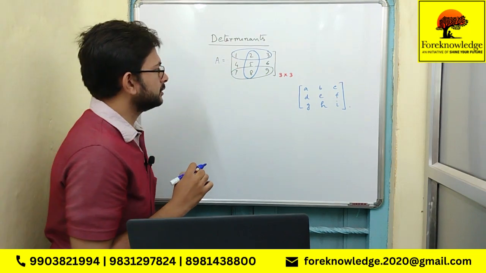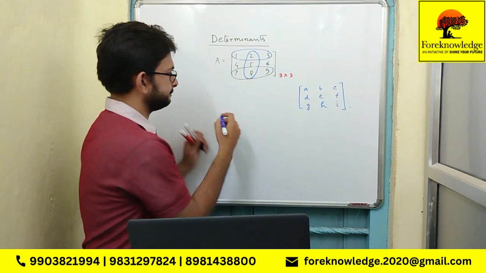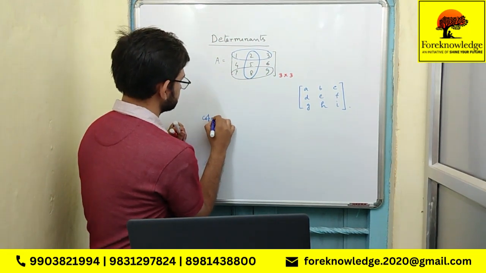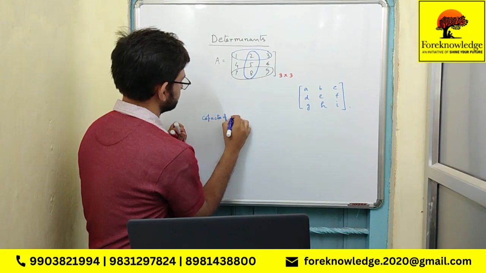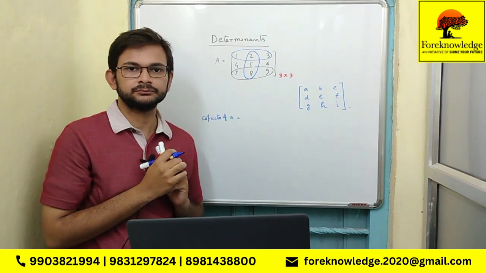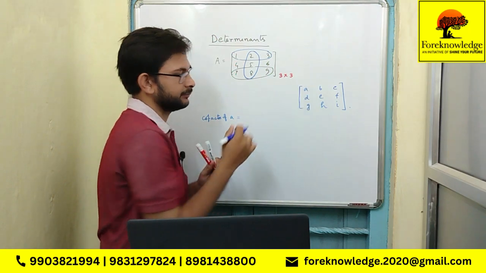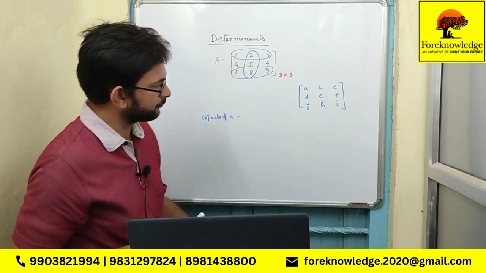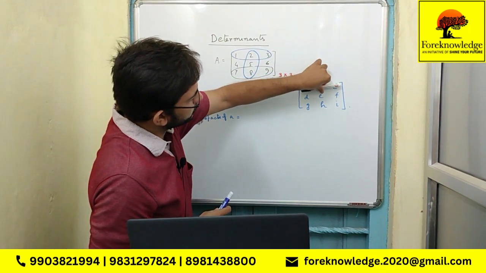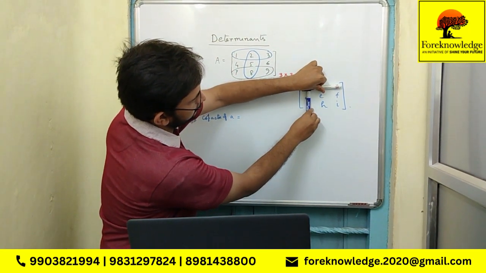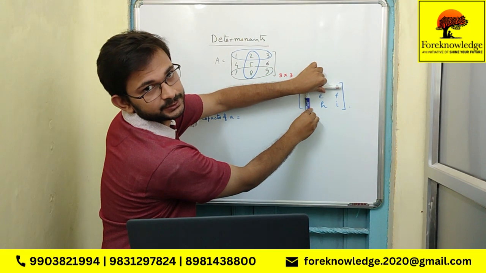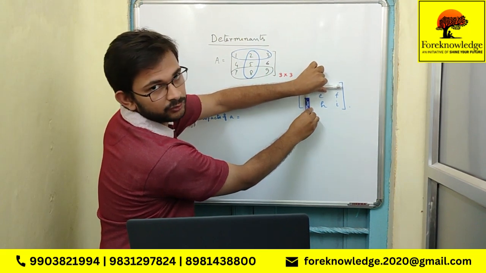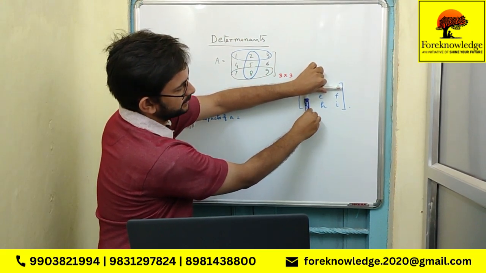Fine. So what is the cofactor of A? How to find the cofactor? Just eliminate the row and the column where A is present.